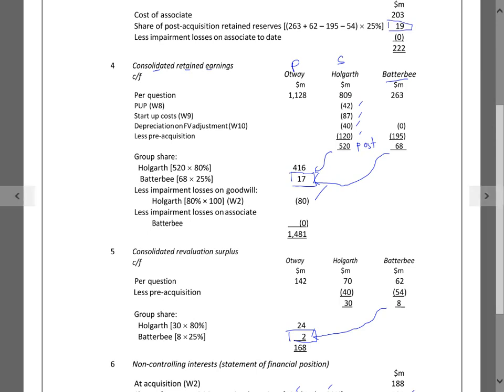Associate makes money, I have a share. So they make money, I have a share of 25. So I'm going to credit my retained earnings, credit my revaluation, and I'm going to debit my investment. Clear?